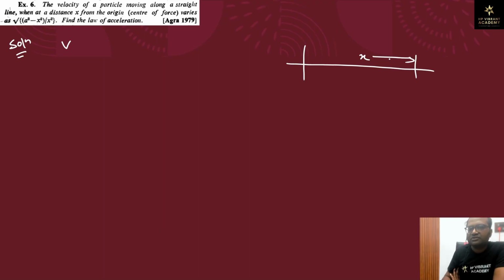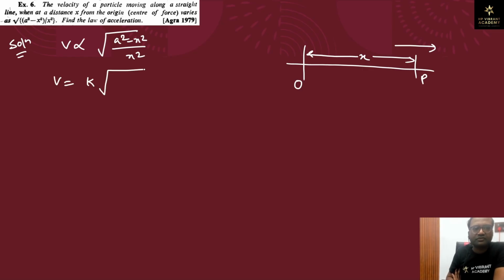The position of the particle is at a distance of x from the origin. The velocity of the particle at this particular instant is given as varies as. So v is proportional to root under a square minus x square upon x square. So we have velocity is equal to k times root of a square minus x square upon x square.